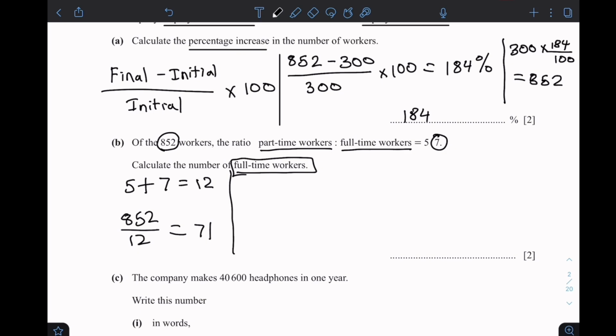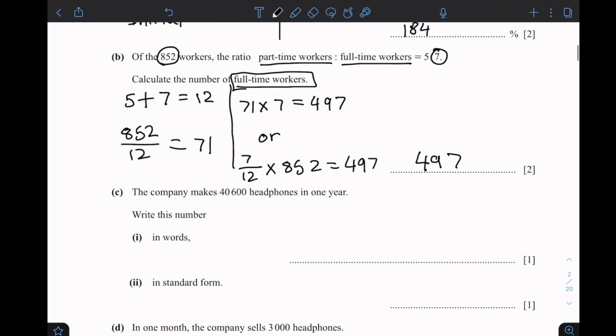So you can do 71 into 7, which is 497, or you can do 7 divided by total, like part divided by total, into 852, which is equal to 497 as well. So in either way, you're getting the same answer.